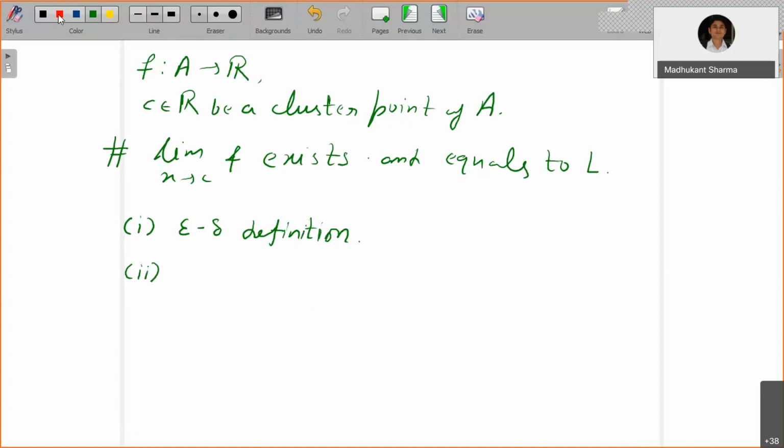One of them is the sequential criterion, to decide whether the limit exists and equals L.